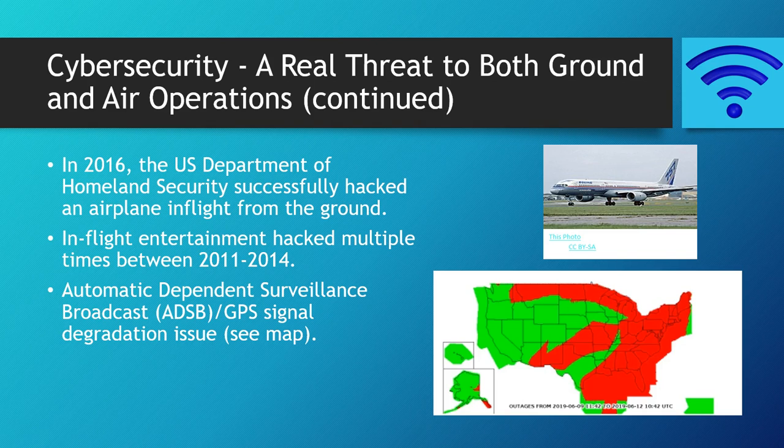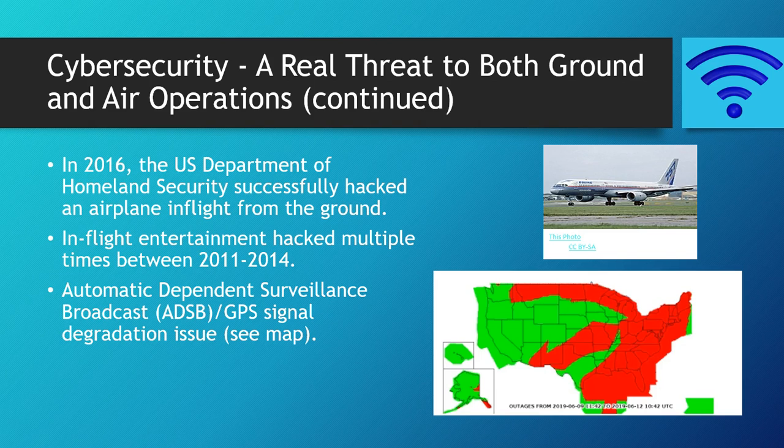The cause is still to be determined. Without proper GPS signal, the ADS-B system won't function properly, forcing pilots and air traffic controllers to rely on older radio signal systems to determine aircraft location. The result has been a multitude of canceled flights.